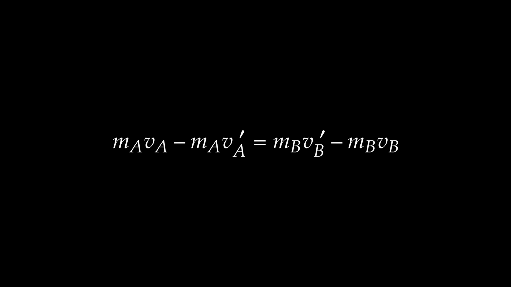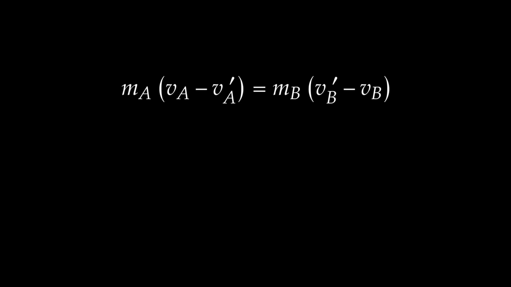I simply have to move my terms around such that MA VA minus MA VA prime is equal to, on this side, MB VB prime, which was already there on the right-hand side, minus MB VB. Obviously now, on the left-hand side I have the mass MA in both terms, and on the other side I have the mass MB. So just for fun, I'm going to write this as MA times the quantity VA minus VA prime, nice and compact that way, is equal to MB times the quantity VB prime minus VB. I get that relationship there.